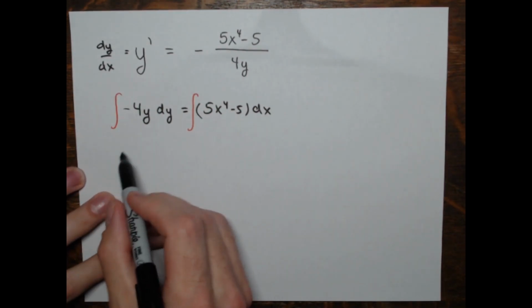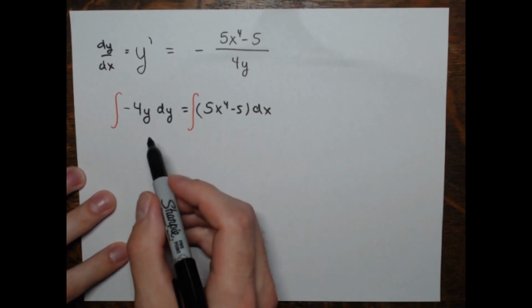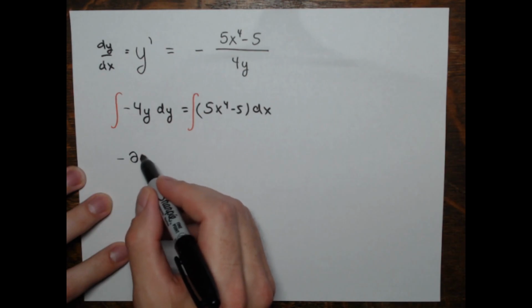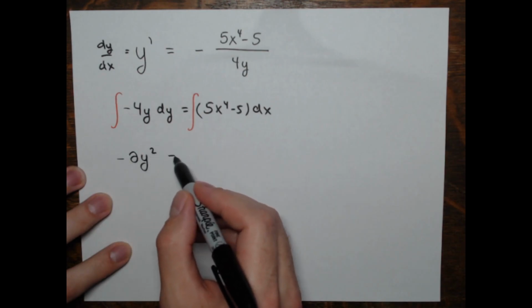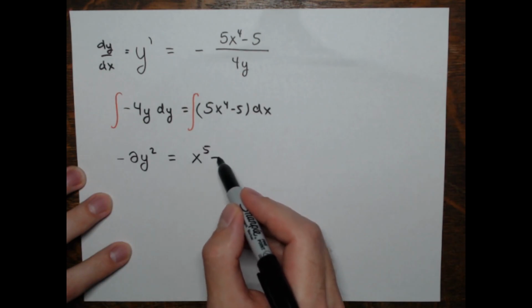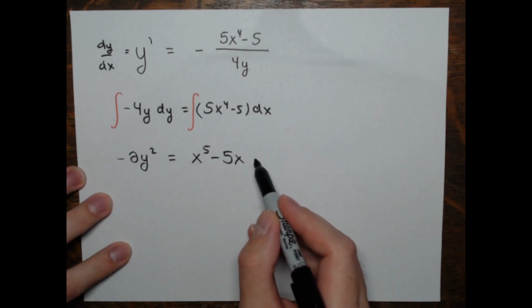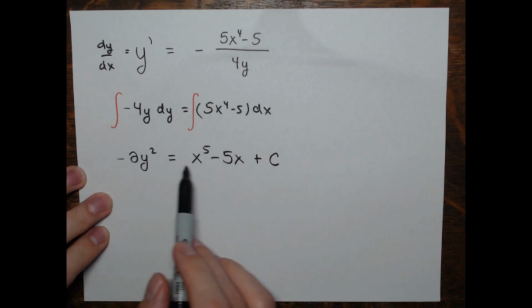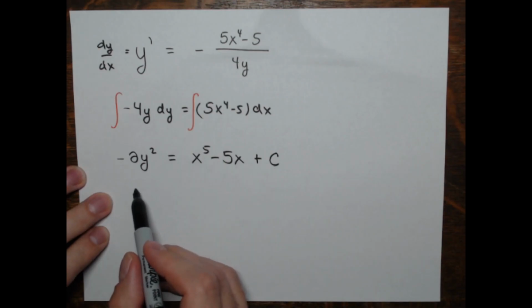Left sides, they're both just polynomials, right? So negative 2y squared on the left, and x to the fifth minus 5x plus some constant on the right. Multiply everything by negative 1/2.